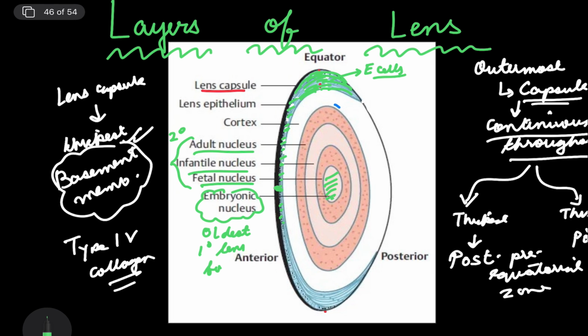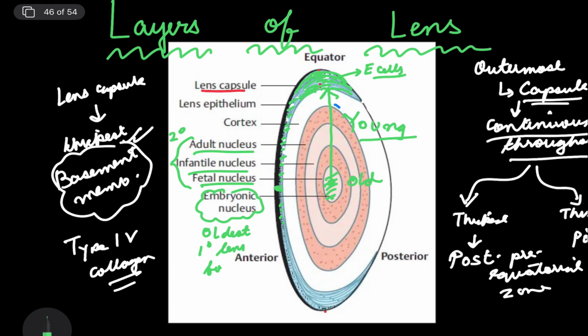So from the center towards the periphery, we are moving from old to young.